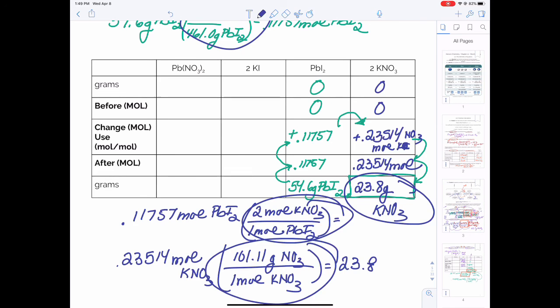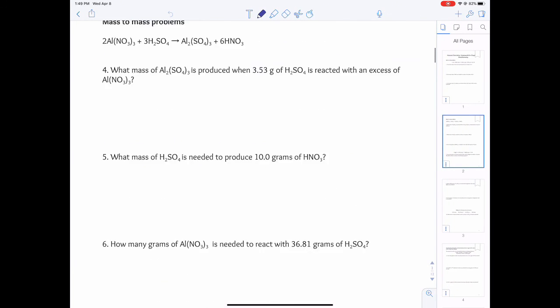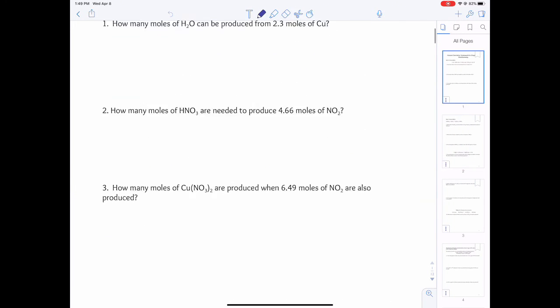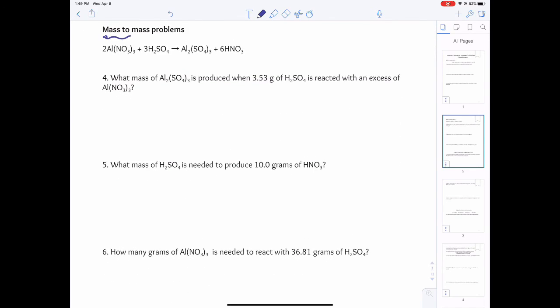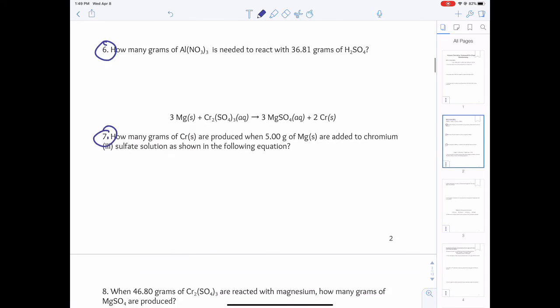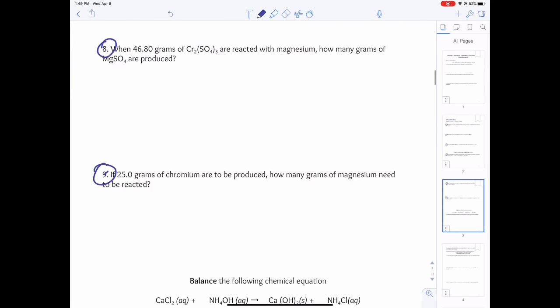So for your homework, here's the homework packet. Yesterday you did numbers 1, 2, and 3. So now you're going to do all the mass-to-mass problems, 4, 5, 6, 7, 8, 9. Try these 5 gram-to-gram problems.